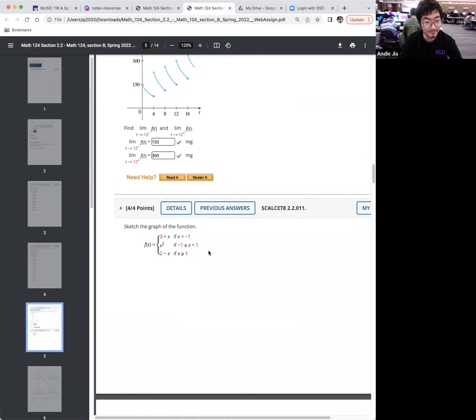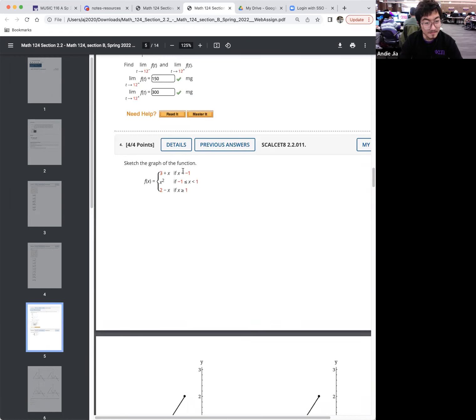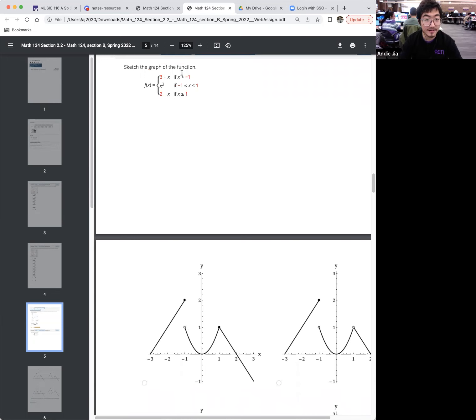Just read all the graphs here, and pay attention to the signs. If you see a less than sign, this is excluding the point, so it is an empty dot. But if you see less than or equal to, or larger than or equal to, it is a colored, solid dot.